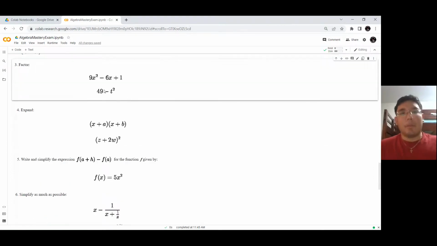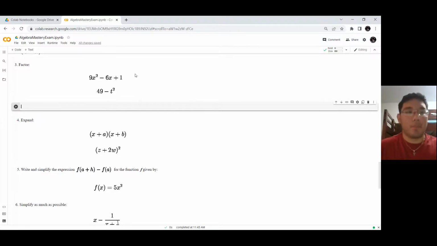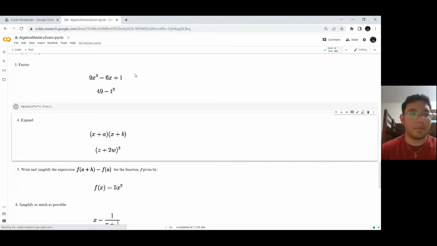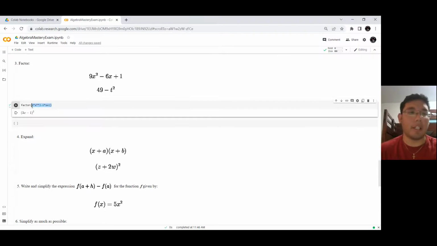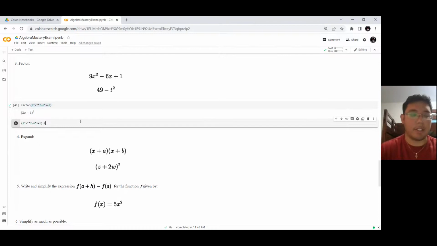Now, problem 3 is going to ask you to factor, and that's actually pretty simple. We just write the command factor, and inside factor we write the expression. So in this case, it would be 9 times x squared minus 6x plus 1. And notice if we write it this way, or if we write it in the function syntax or object-oriented syntax, it should give us the exact same thing.